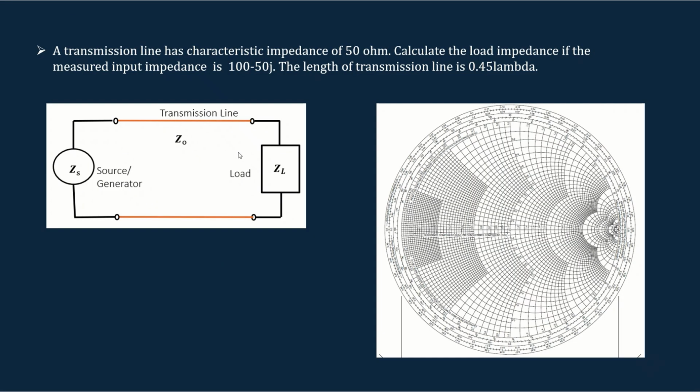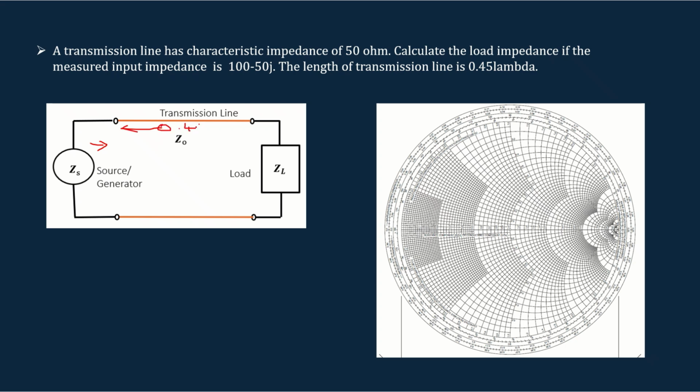So let's see how a Smith chart can be used in a similar scenario. This is a problem which shows a transmission line with a characteristic impedance of 50 ohm. Calculate the load impedance if the measured input impedance is 100 minus 50j. So we now know the input impedance here, which is 100 minus 50j. The length of the transmission line is 0.45 lambda.